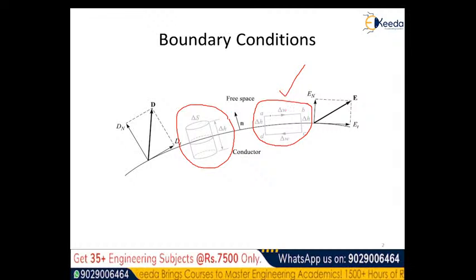From any point you start, the path will take you to the same point after a journey, and half of the journey will take place in, let us say, medium one, that is free space, and the rest of the half will be in the second medium, that is the conductor here. Whereas here we have a parallelepiped-like structure.